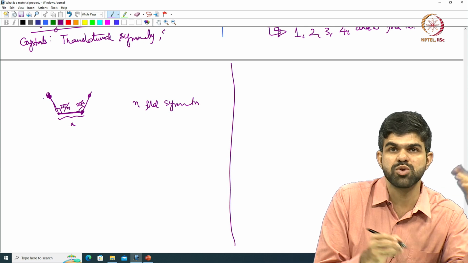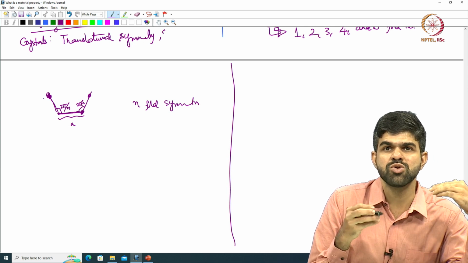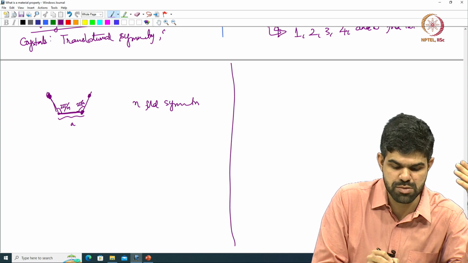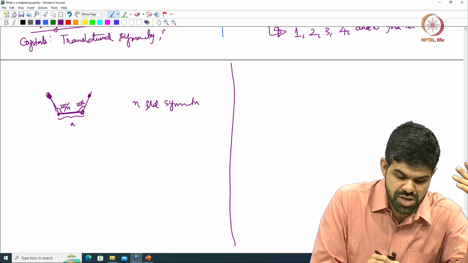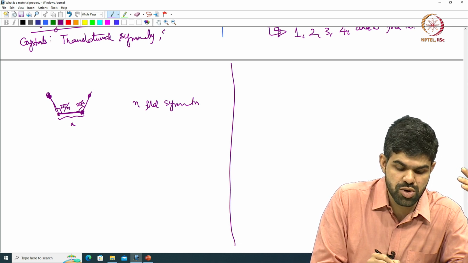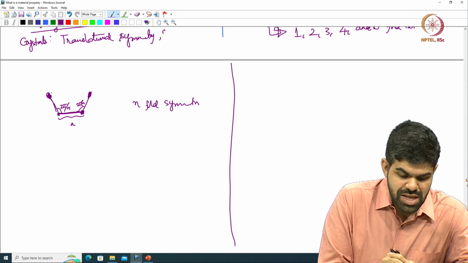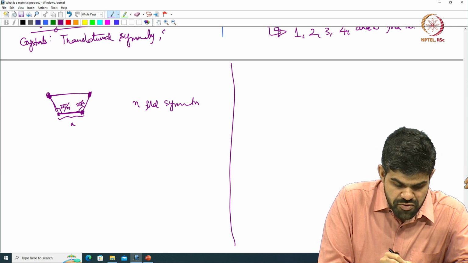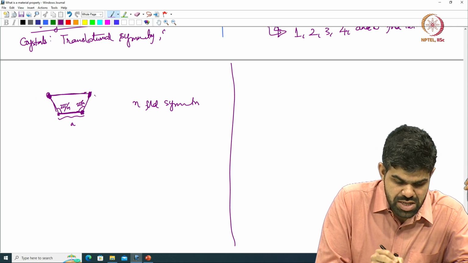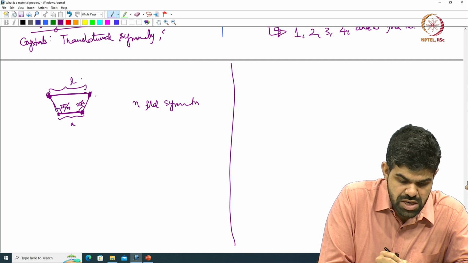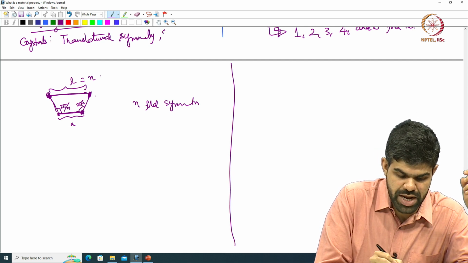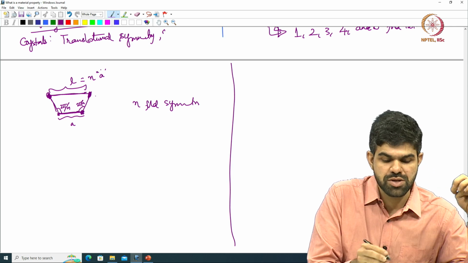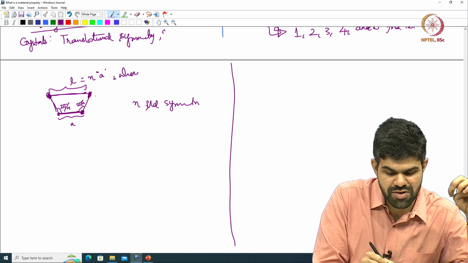So the most basic thing is that this should be a lattice point. If this is a lattice point, this is a lattice point. Similarly, if this is a lattice point and I rotate about this point, this should also be a lattice point, right. Now I can look at the length of this. If this is a lattice point and this is a lattice point, the length of this should be some integral multiple of a.